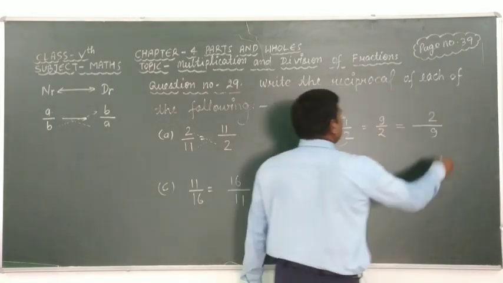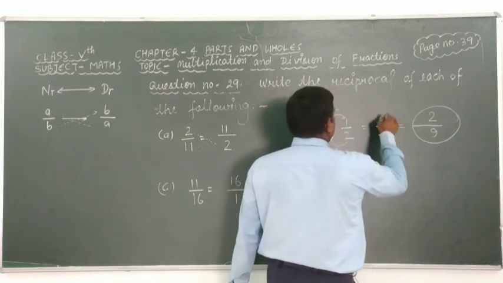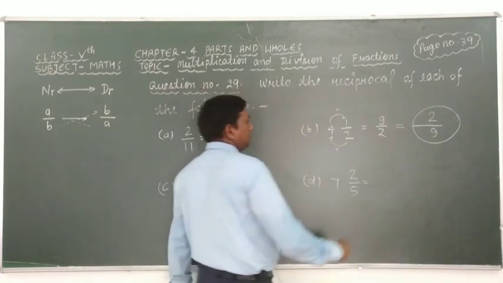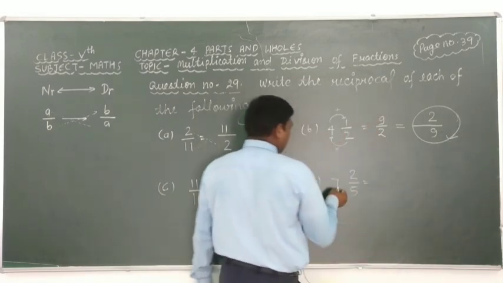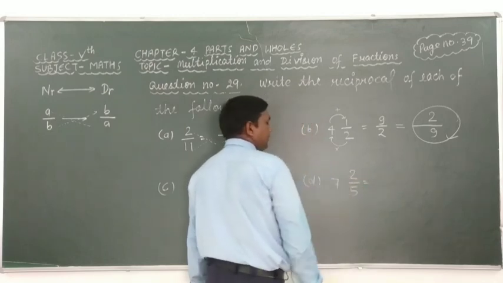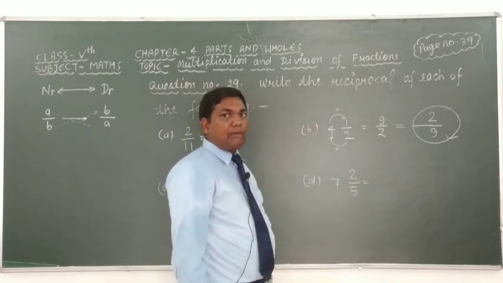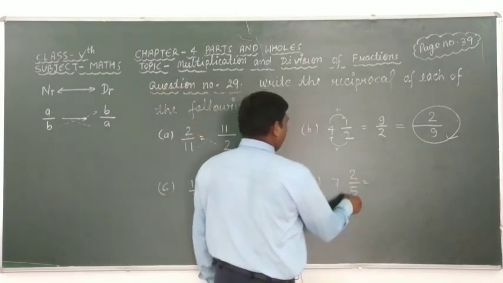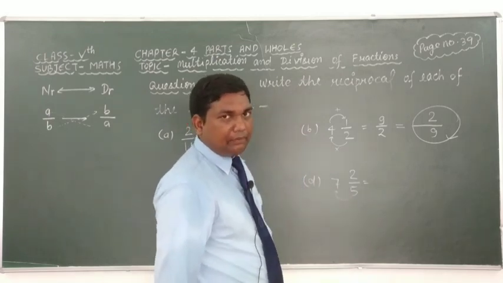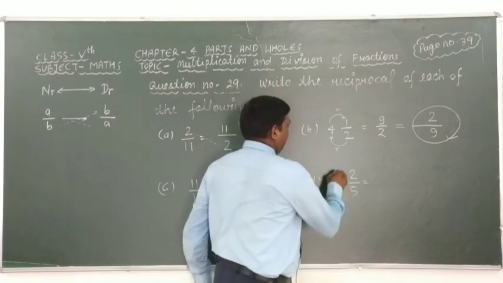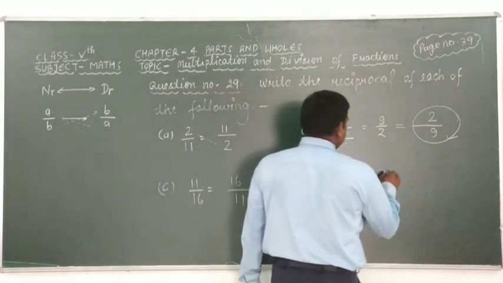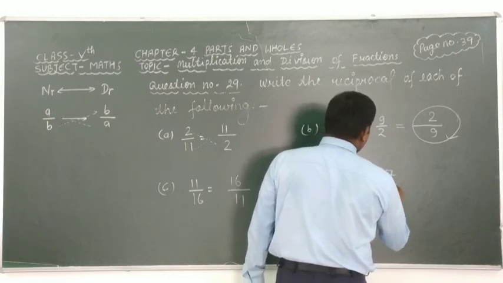Okay students? The reciprocal of 9 over 2 is equal to 2 over 9. This is the answer. Here given is 7 mixed 2 over 5. Firstly, we have to change the given mixed fraction into an improper fraction. 5 7s are 35, 35 plus 2 is 37 over 5.